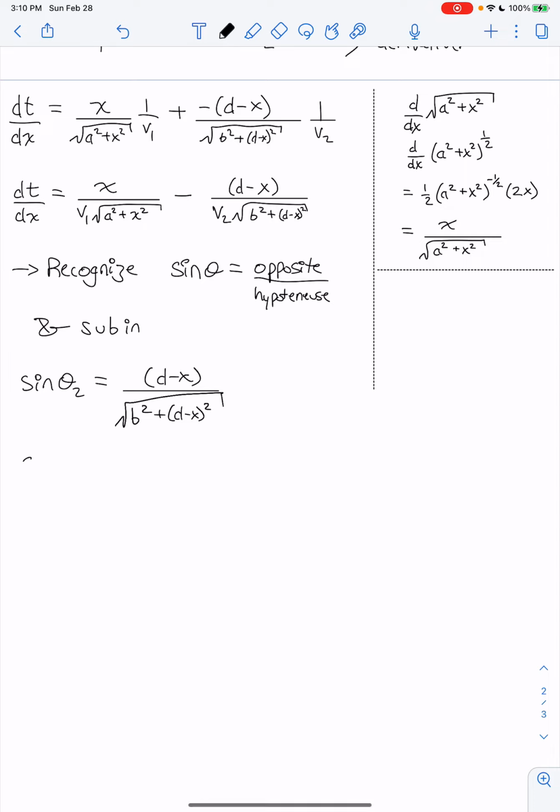And we also know that sine theta 1, we can have a similar argument and say that is really x over the square root of a squared plus x squared.